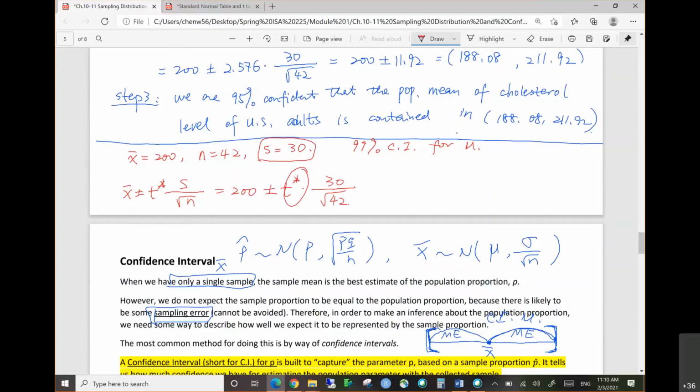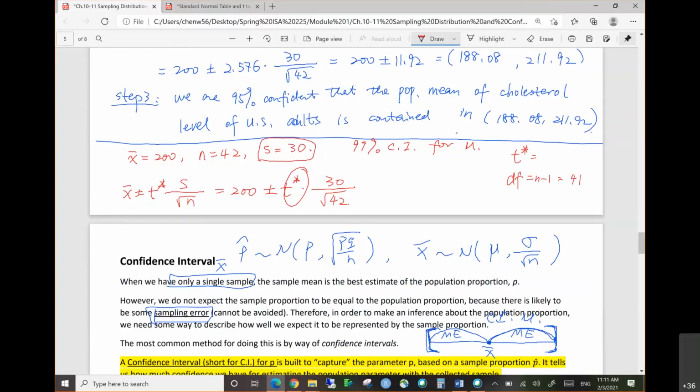So what is the t star? We need two pieces of information. Degrees of freedom, n minus 1, so 42 minus 1, which is 41. Another one, alpha over 2.